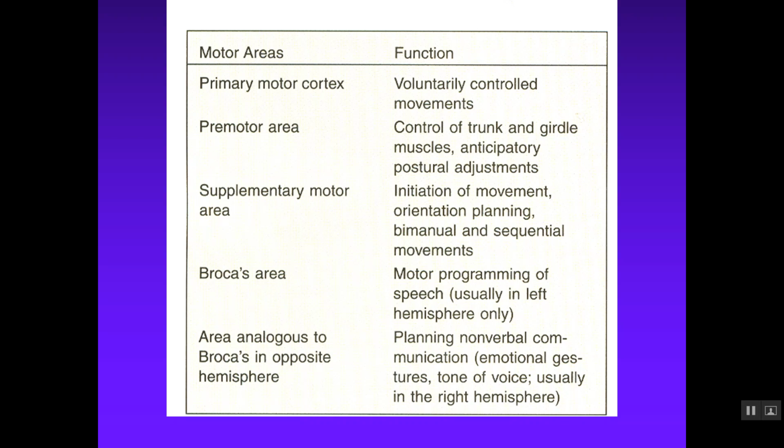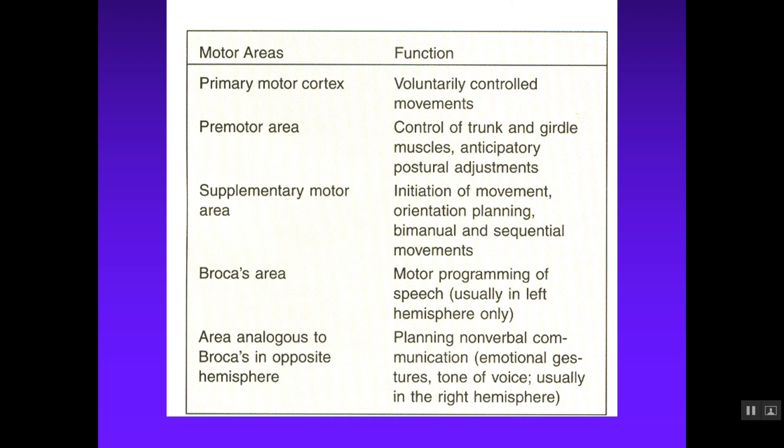Or I'm going to pull that door open. I know it's a heavy door because I've opened that door before. My premotor area is going to set it up by turning on my gastrocs, my posterior chain muscles. So when I pull that door towards me, I'm not going to get pulled forward. Does that make sense? But my primary motor area is sending the signals to my biceps and my hands to go ahead and do the pull of the door.